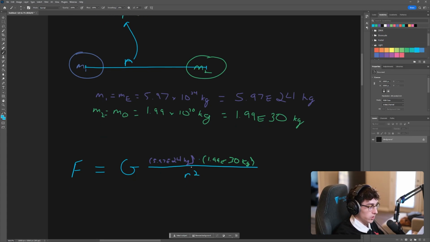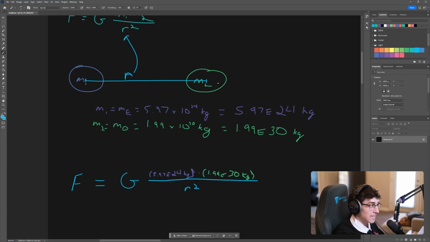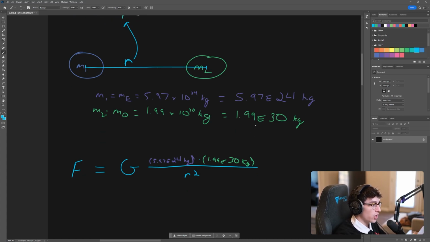r squared, which we know, again, r is the distance between the center of mass of M1, the mass of the Earth, to the center of mass of M2, which is the sun. I'm just going to give you these values right now.